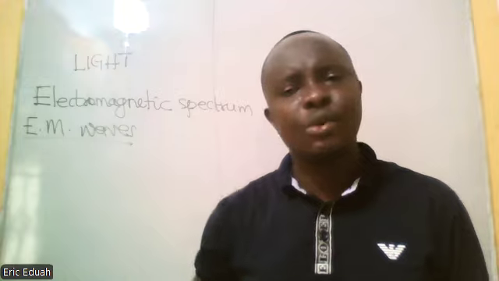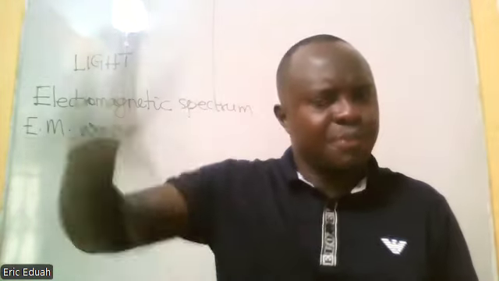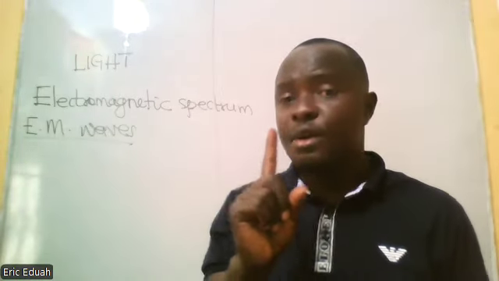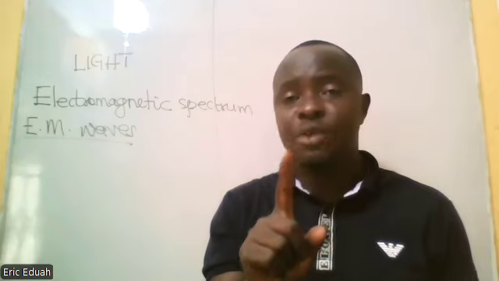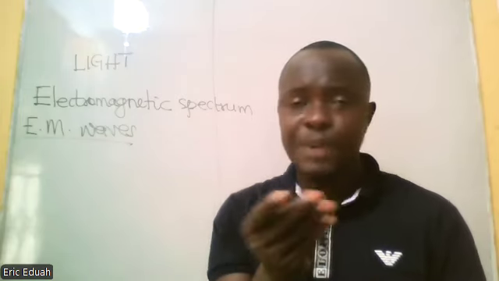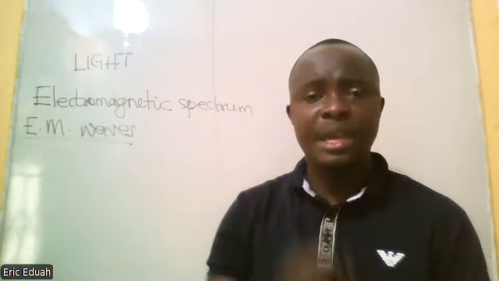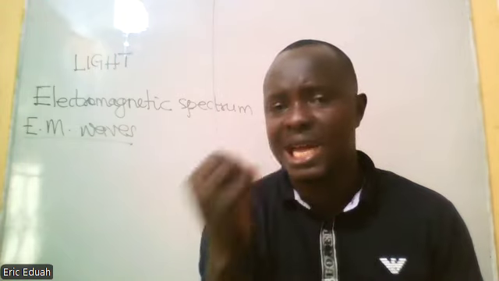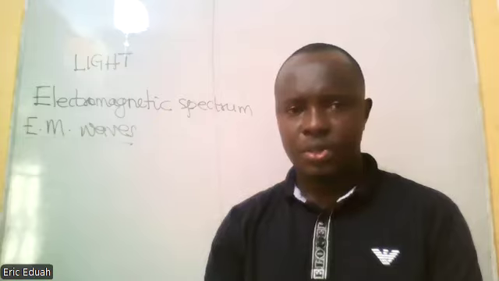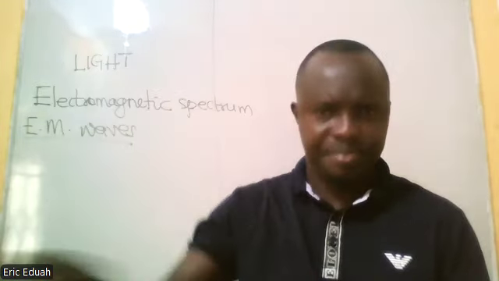Meaning, for mechanical waves, if there is no medium, they cannot be transported or propagated. A typical example of a mechanical wave is sound wave. When I speak, before you could hear, there must be air. If there is no air, sound cannot travel. So sound waves require a medium for propagation.